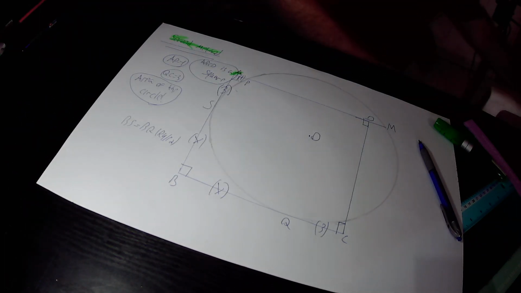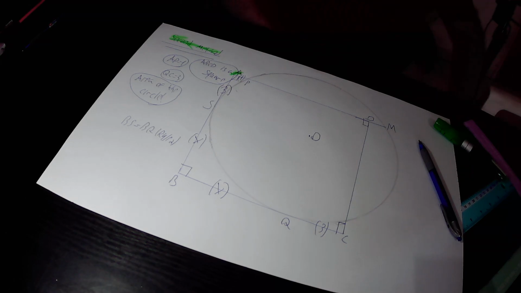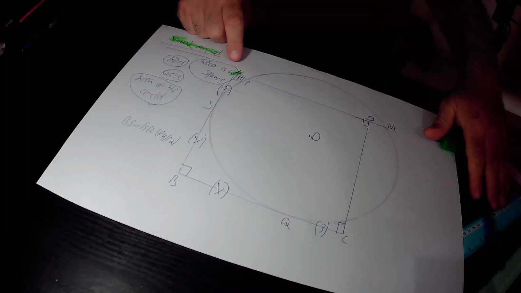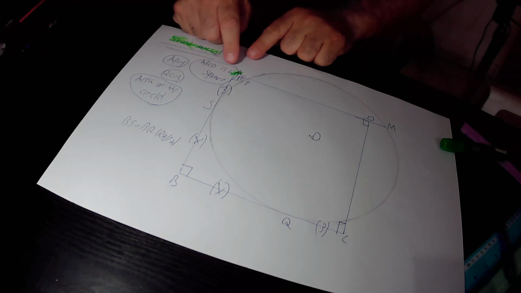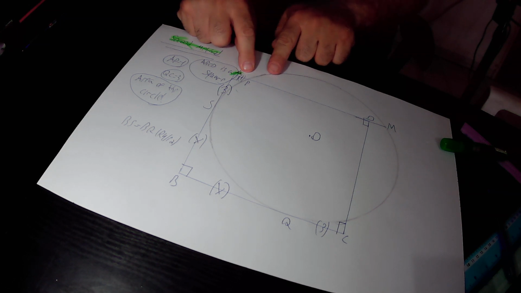Why? Because in our drawing, this is the common external point, point A. From this common external point A, we have tangent AS, that is tangent to this circle at point S. In addition, from the same common external point A, if we draw a straight line, we get chord PM.